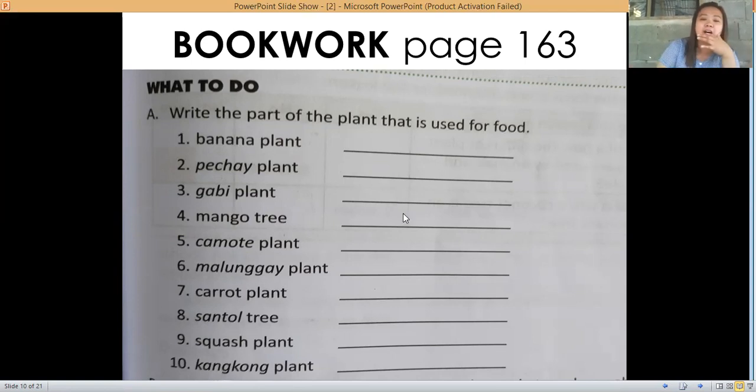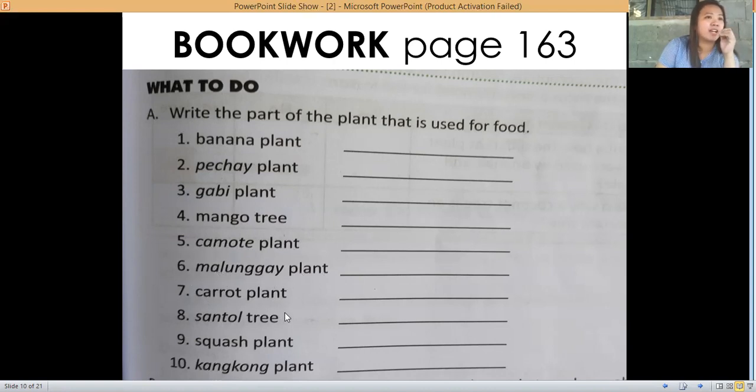Now you're going to answer this on your own. Number 4, for the mango tree, what do we eat? Next, number 5, what do we eat in the kamote plant? Number 6, malunggay plant. What do we eat in the malunggay plant?